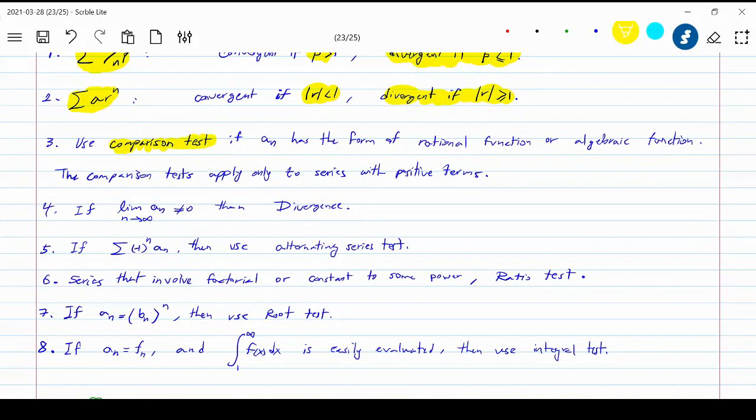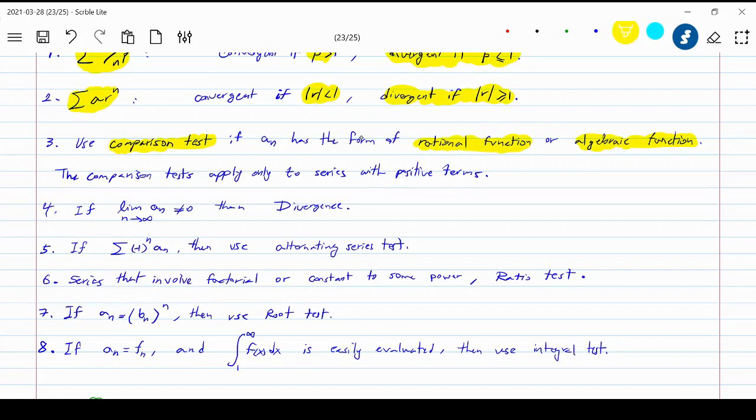So when do we use the comparison test? You look at the sequence and what is the format of that sequence. Normally, if it's a rational function or an algebraic function without the nth power, so there is no exponent of order n, for example n to the power 3 or n to the power 2 divided by another, so if it's in terms of a rational fraction, you want to use the comparison test.